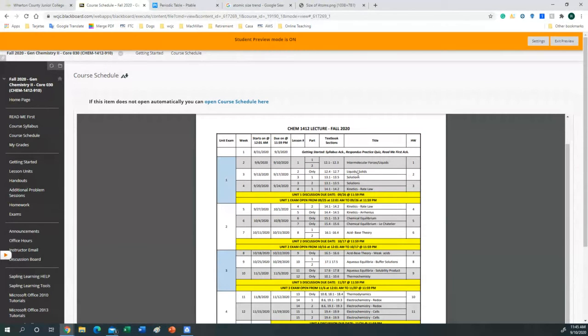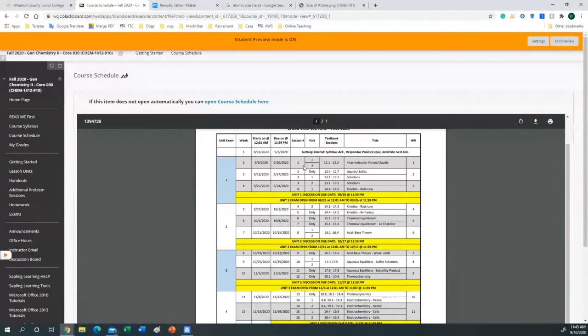The problem is that the timings in the summer are slightly different than the timings in the regular semester. So you will see, for example, here, this is easy. It's just one lesson, parts 1 and 2, the videos, and these lesson and part numbers are related to the videos. But for example, in week 2, you have lesson 2, that is only one video, and the first part of lesson 3.